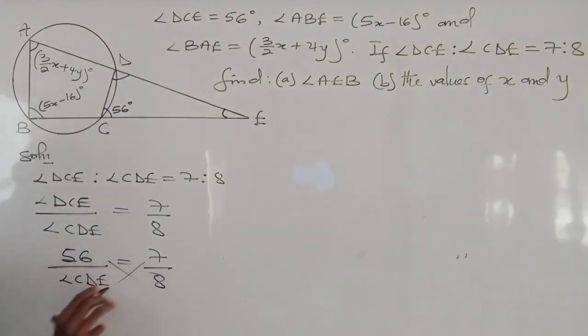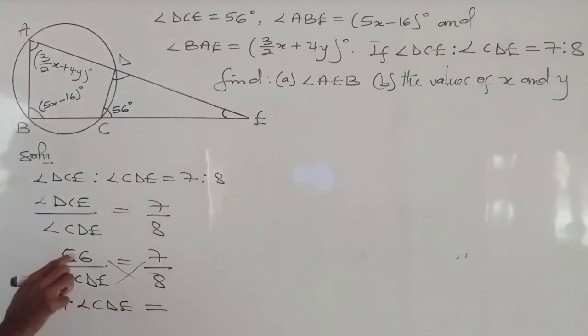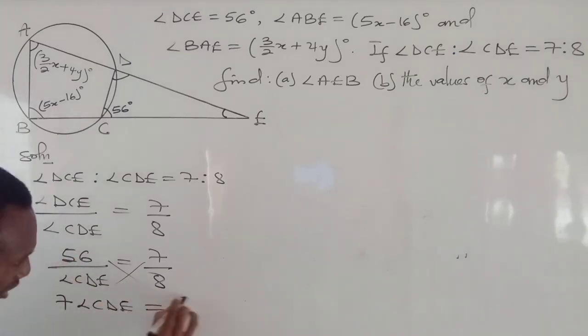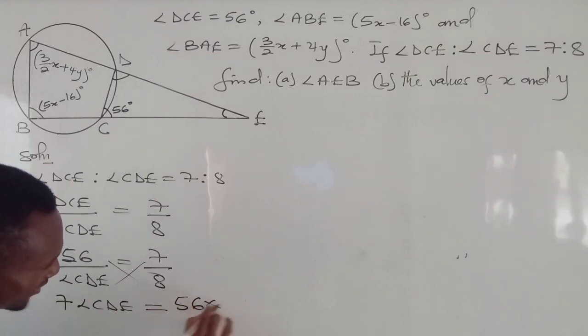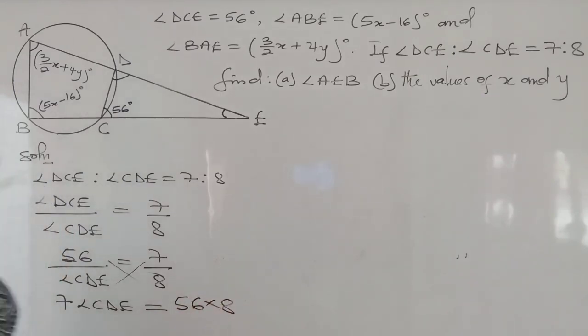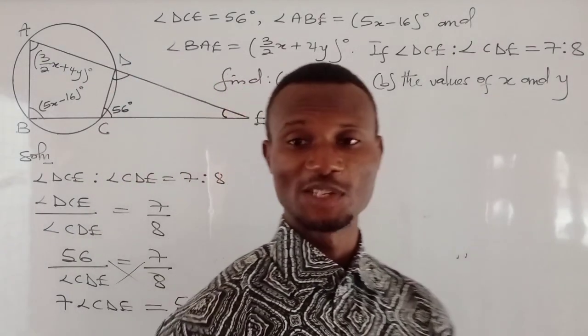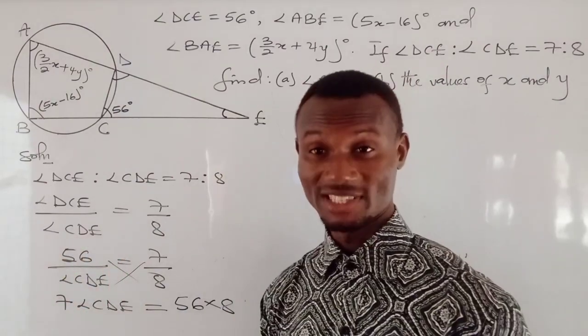So we are going to have 7 times angle CDE, so we are going to write it as 7 angle CDE equals to 56 times the 8. I'm going to write my 56 times 8. I hope you understand and you agree with me up to this point. We just cross multiplied.